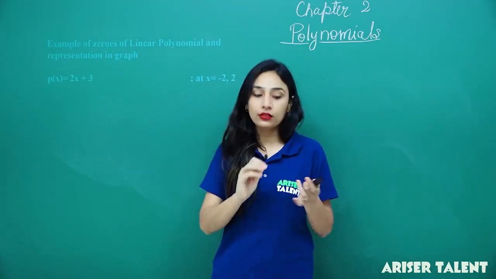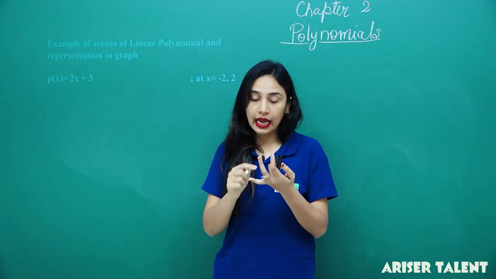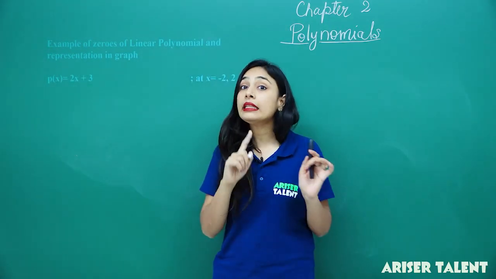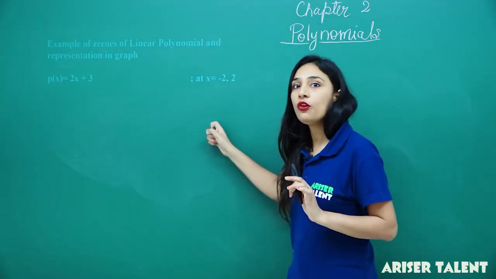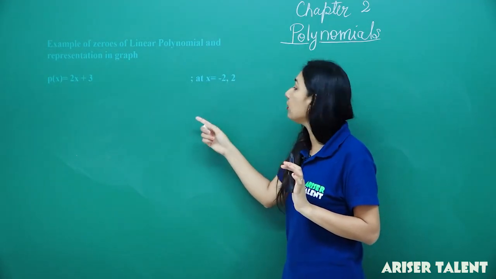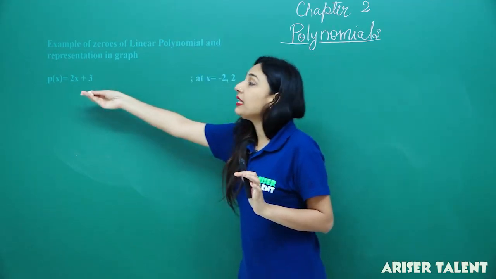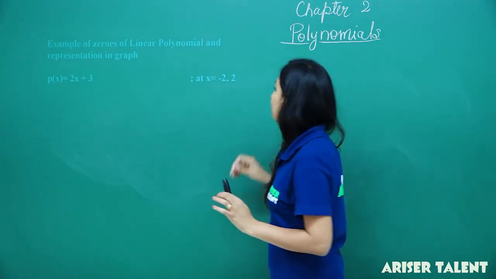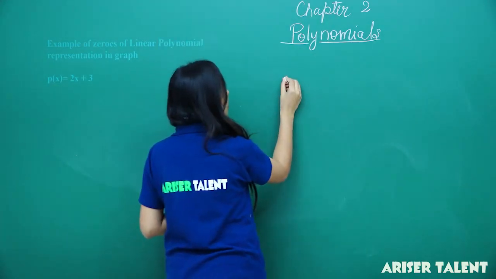Now at the last of linear, quadratic and cubic polynomials, we will put them in a graph format. So now we only have to find out the values of p(x) at x equals to -2 and 2. Okay, so let's do this.